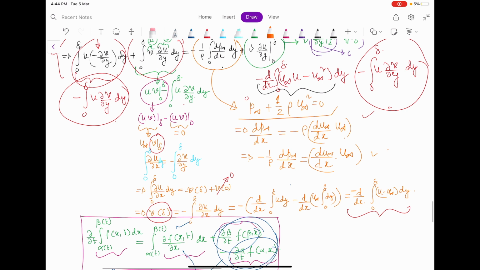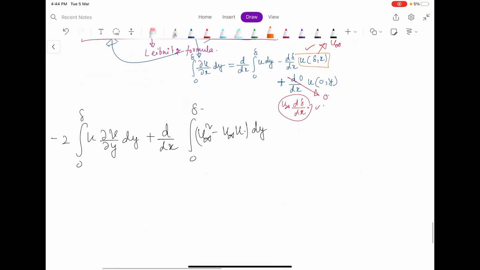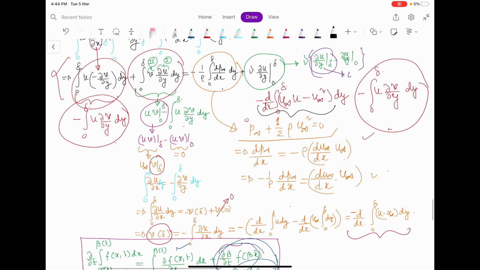So then minus 1 by rho dp infinity dx equal to d u infinity dx into u infinity. So this will be integral of u infinity into d u infinity dx into dy 0 to delta, correct, okay.